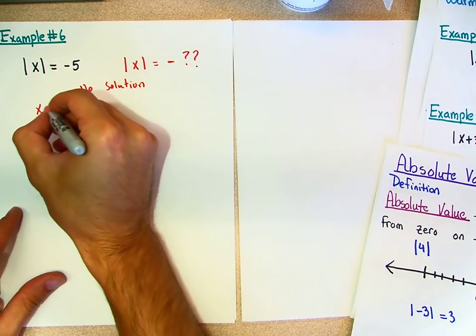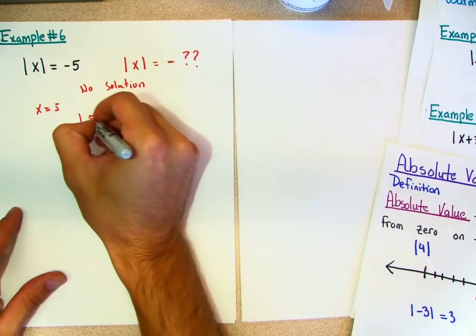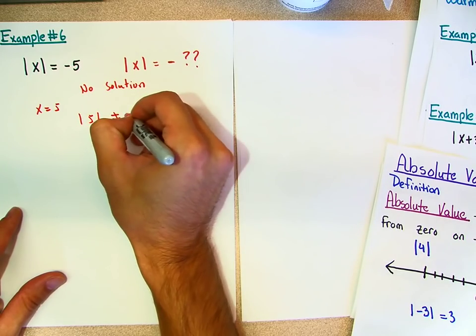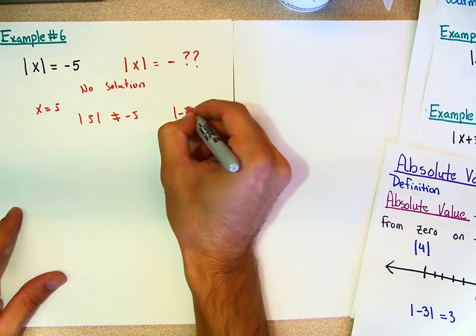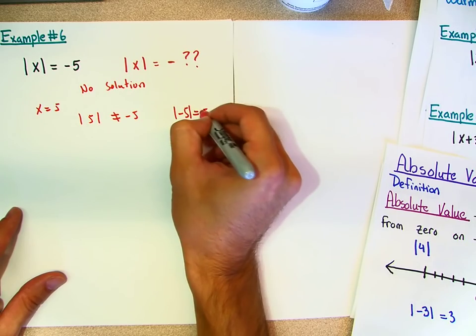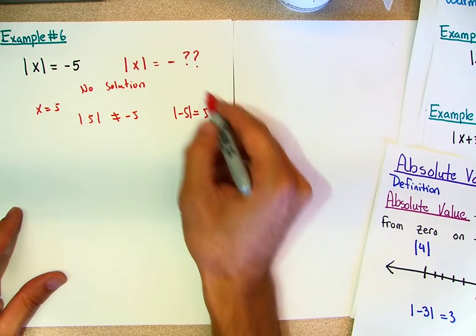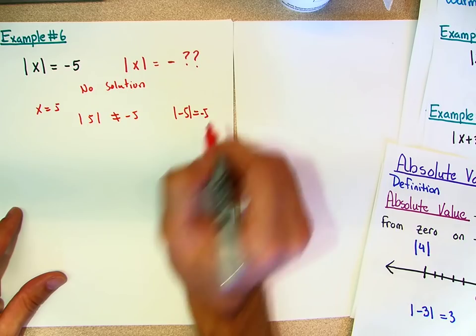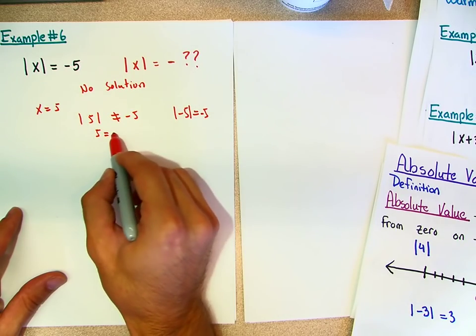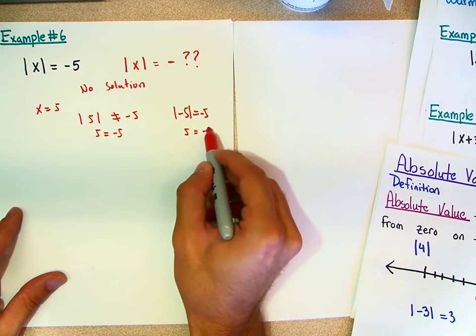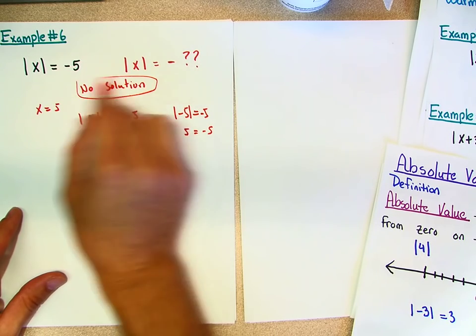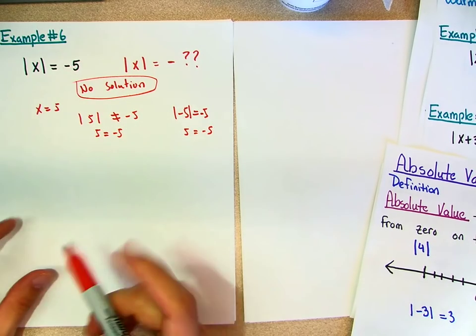If you want x to be 5, that won't work. The absolute value of 5 does not equal negative 5, and also with negative 5, it won't equal negative 5 either, right? It's not possible. So here, this is no solution.